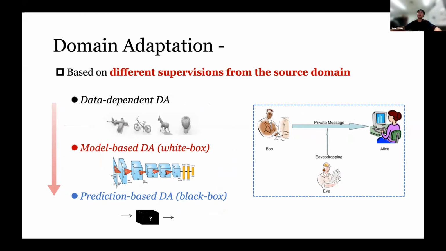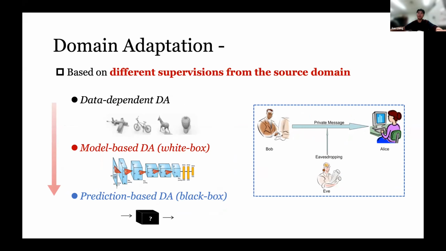Based on another metric, different supervision from the source domain, we can also divide the domain adaptation methods into three main categories. The first category is called data-dependent domain adaptation. Under this setting, we can access the source data during the training.